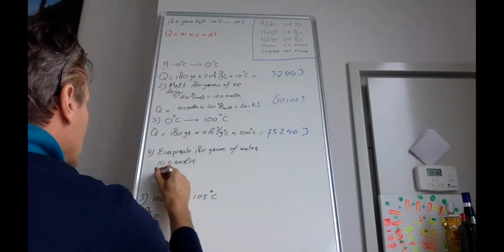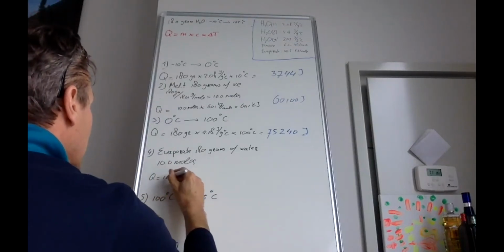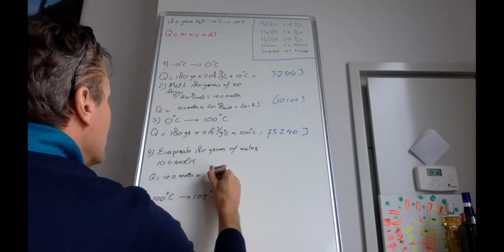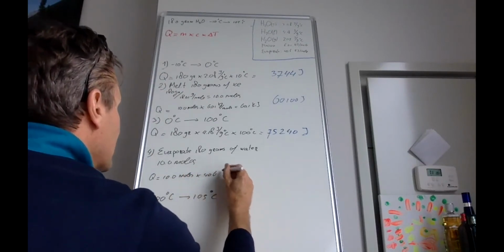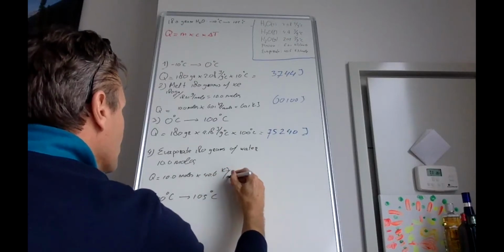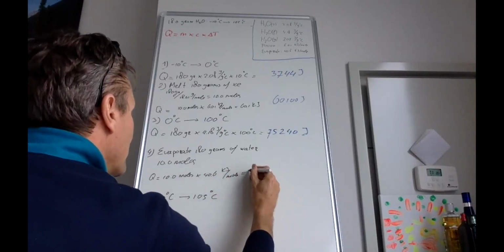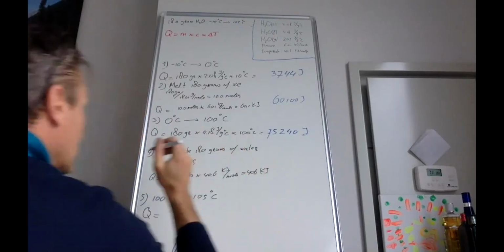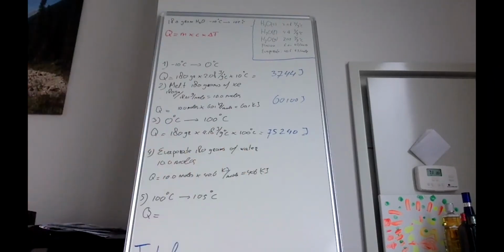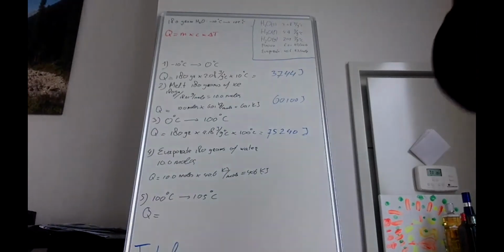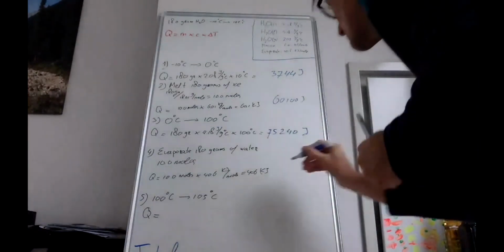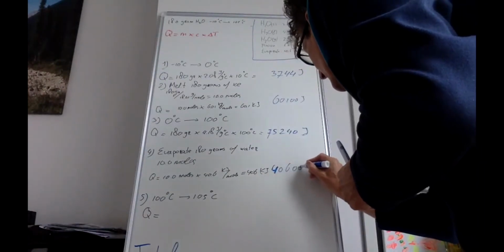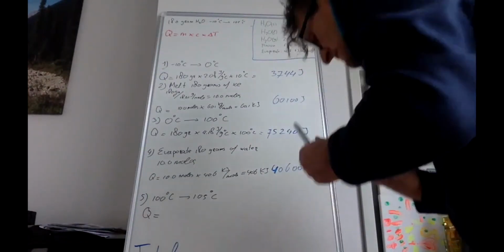So what I do, so Q is 10.0 moles times 40.6 kilojoule per mole is 406 kilojoule. And again, I convert it immediately to joules. 406,000 joules.